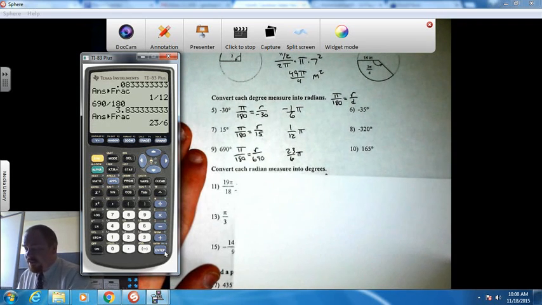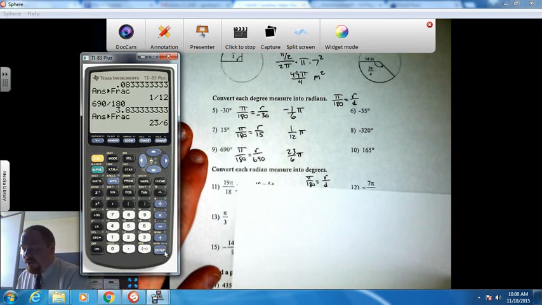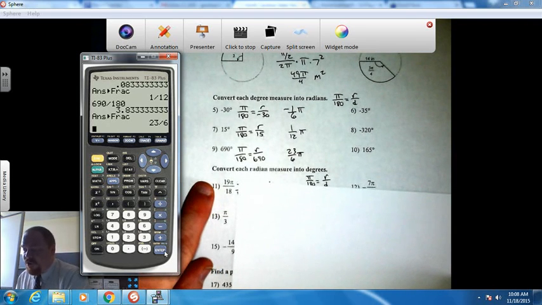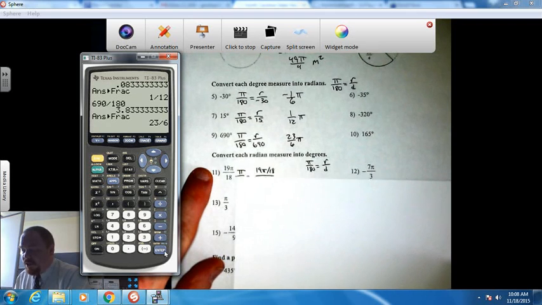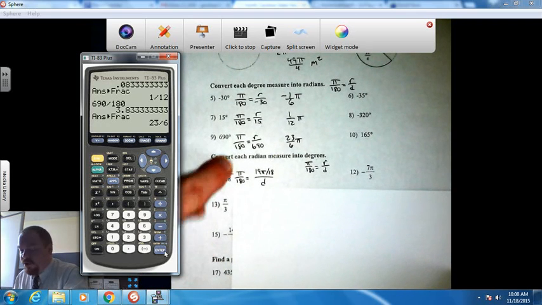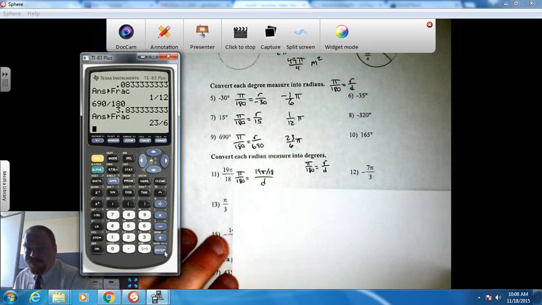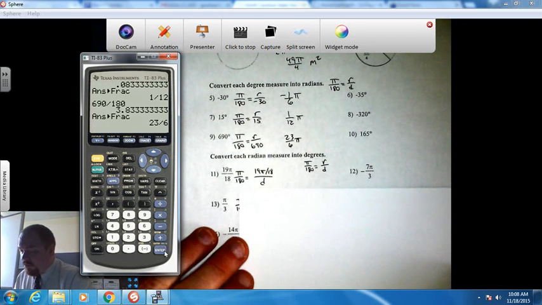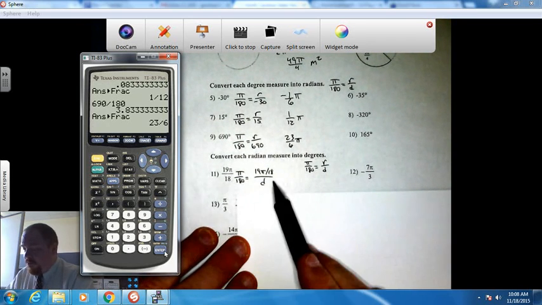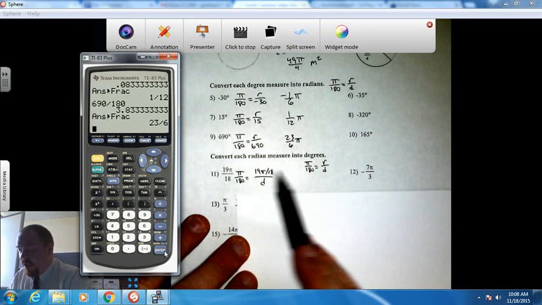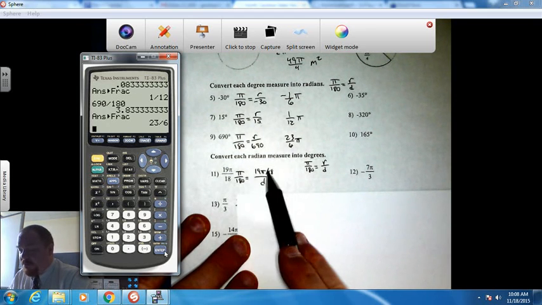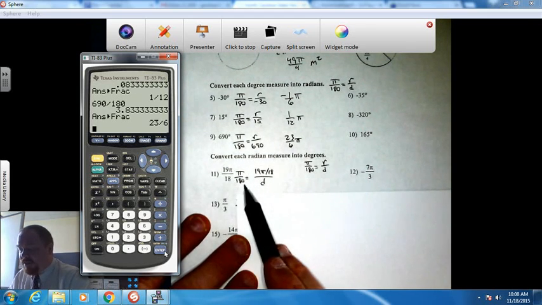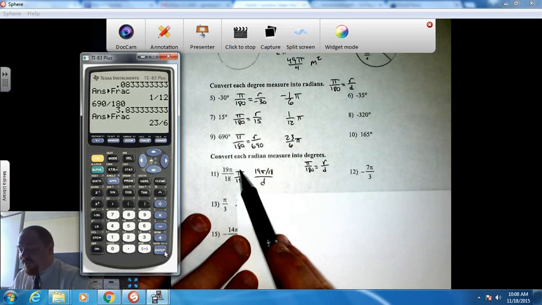Now in the next section, we're converting from radians to degrees, so this number goes in the radian position. So what I'm going to do is type this into my calculator, but I'm going to omit pi because when I cross multiply and divide, this has a pi, but I'm going to divide by pi.